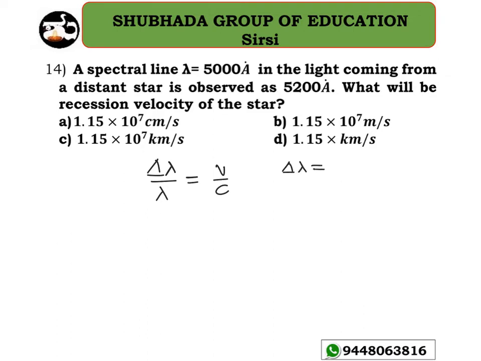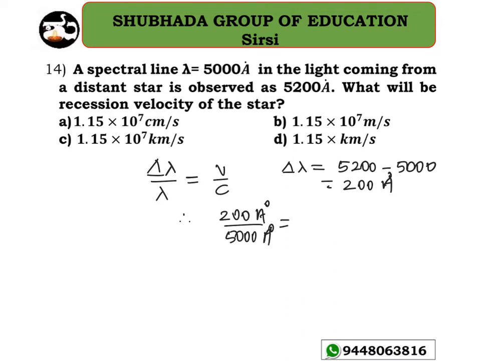So clearly, the change in wavelength delta lambda is equal to 5200 angstrom minus 5000 angstrom, that is 200 angstrom. So 200 angstrom divided by lambda, the actual wavelength of 5000 angstrom, is equal to v, the recession velocity we need to calculate, divided by 3 into 10 to the power of 8 meter per second.